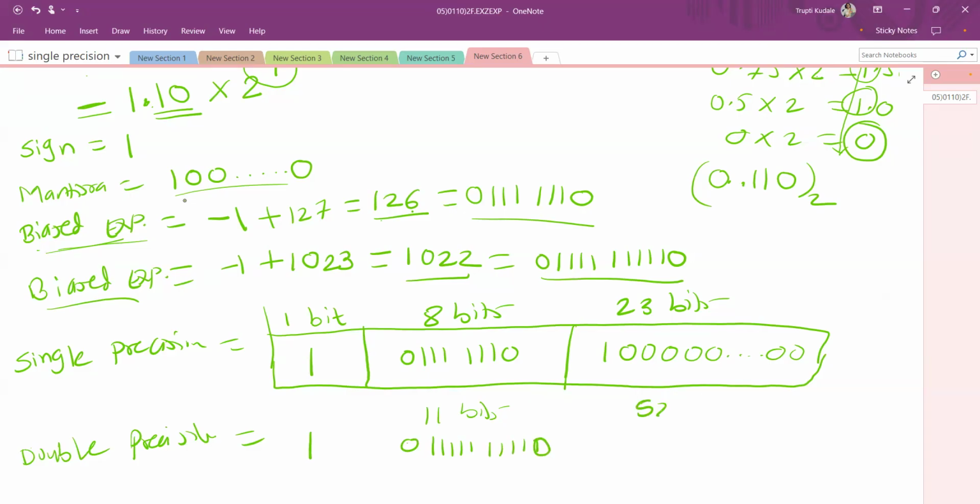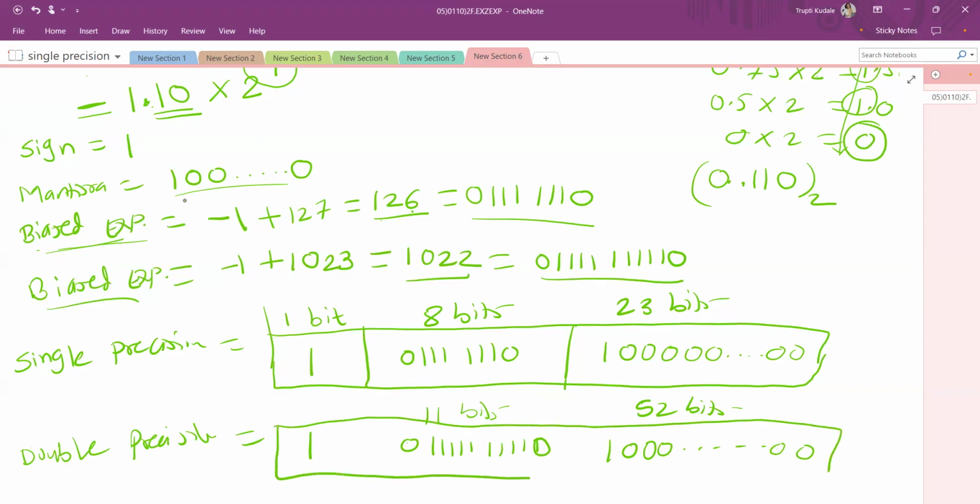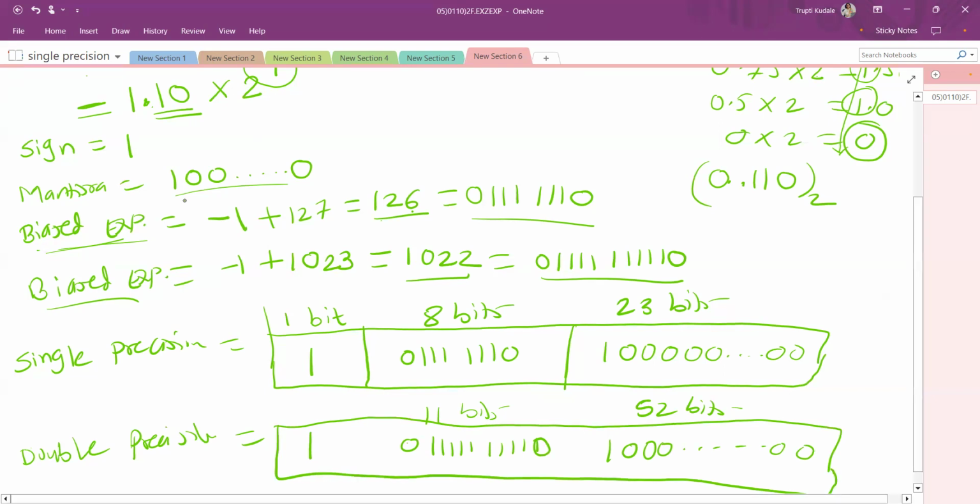And 52 bits are my mantissa, that is 1, followed by zeros. So in this way, you can represent any number, whether it is a decimal number or a binary number given.